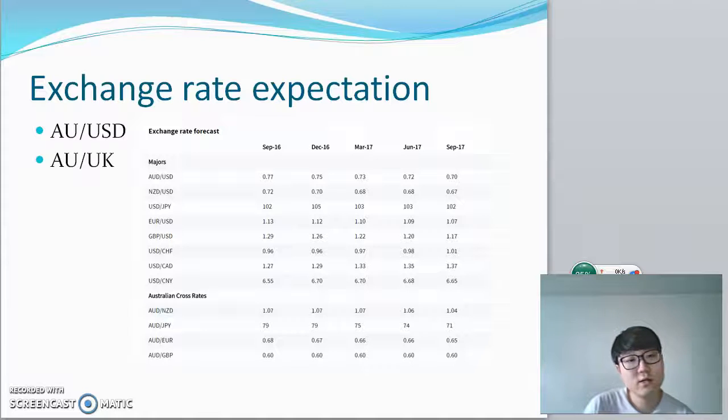And the exchange rate forecast of AUD to GBP is constant for the period we predict, which is different from what we predicted before. The exchange rate between AUD and USD, and also AUD and GBP, should be predicted from all kinds of indicators.